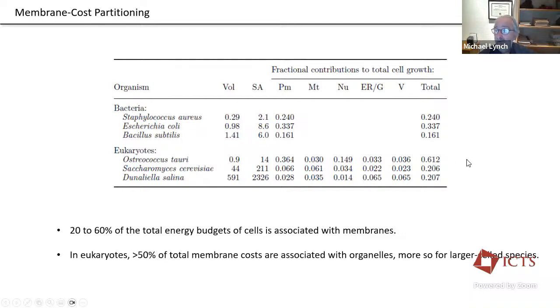So we pay a penalty in terms of internal membranes and the expense of all the lipid molecules that are used. So again, about 20 to 60% of the total energy budgets of cells is associated with membranes. The numbers are much higher in eukaryotes, and they become higher and higher in cells that are larger and larger.